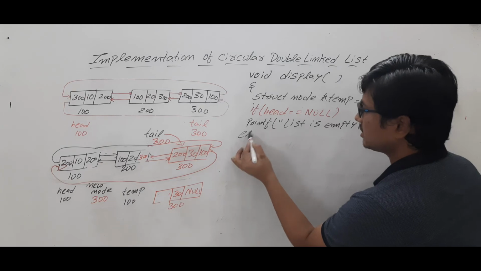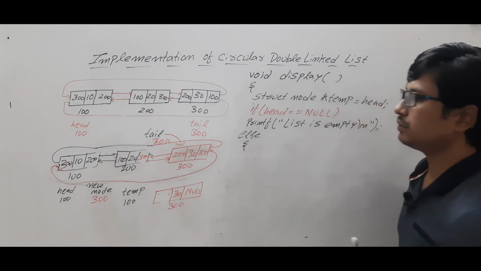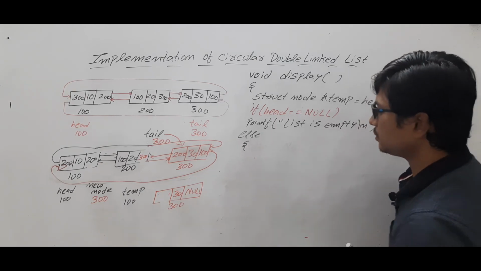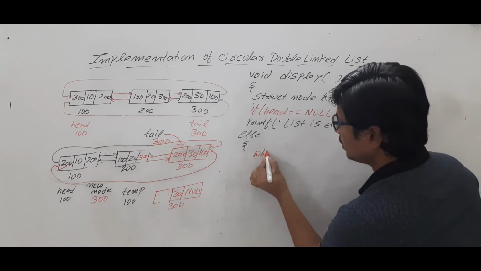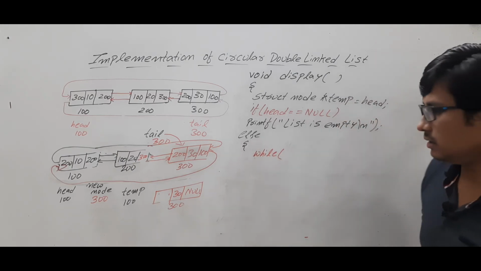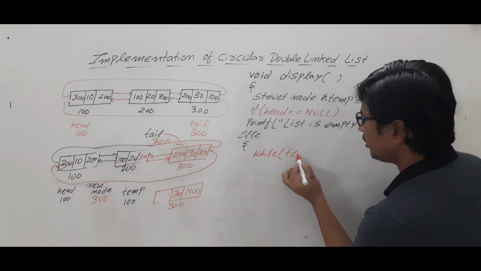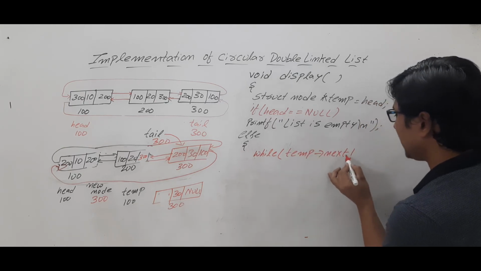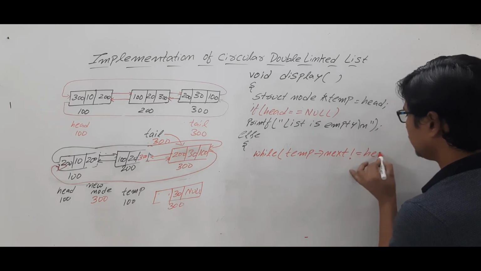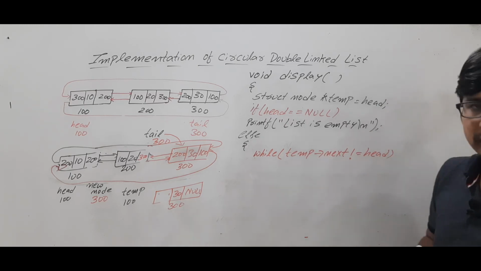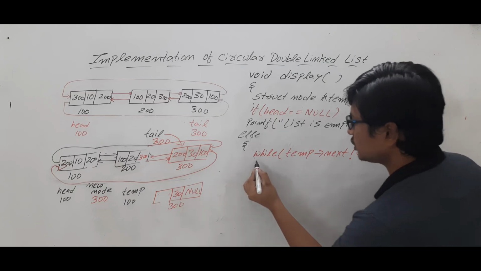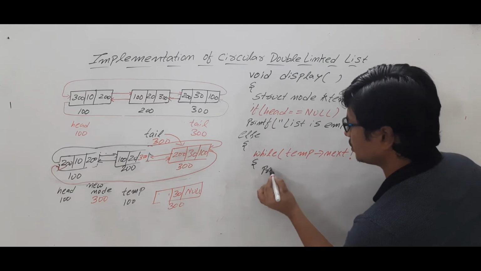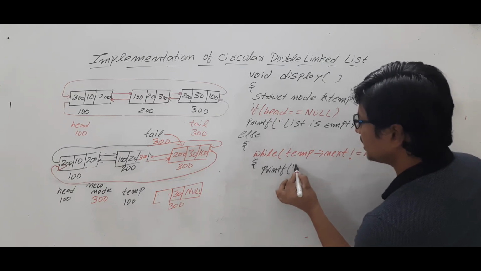Else, if this condition fails, what do I need to do? I need to write a loop: while temp of next not equal to head. What is temp? Initially it consists of head. If this condition is true, what are the statements I want to execute? First, I want to print the data.